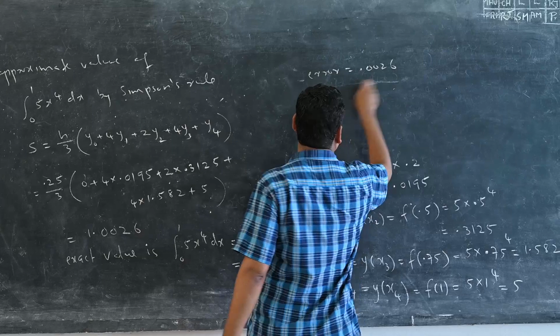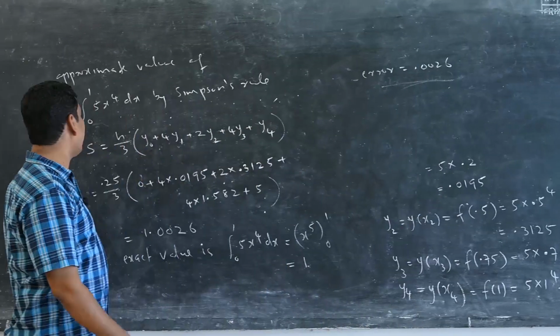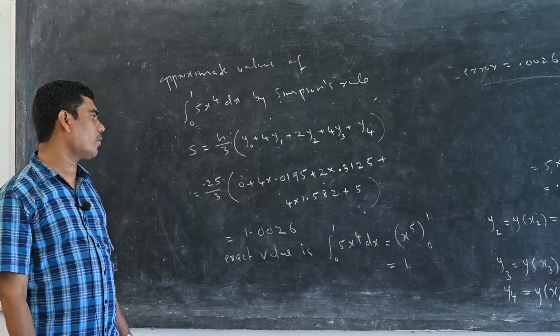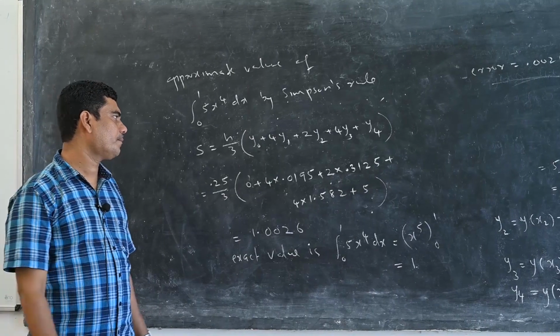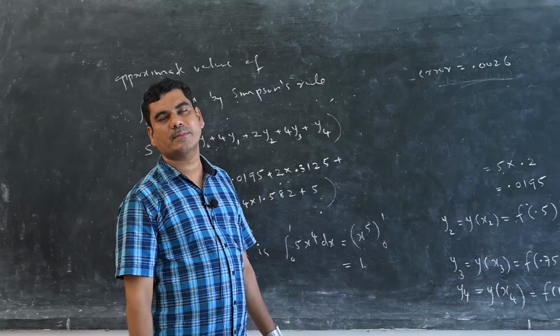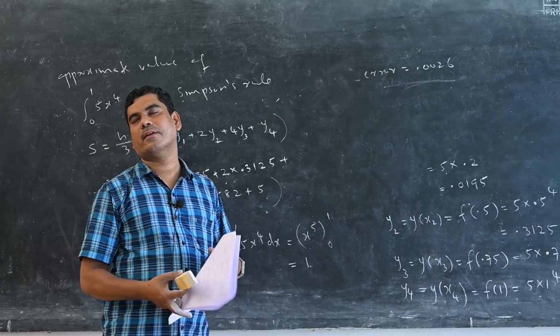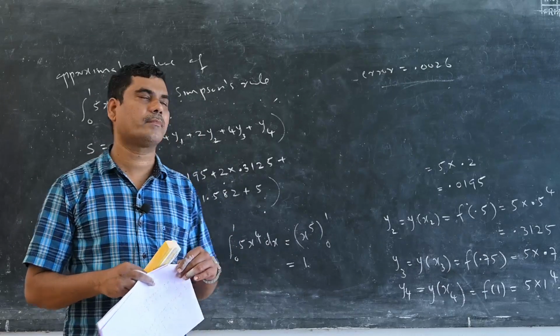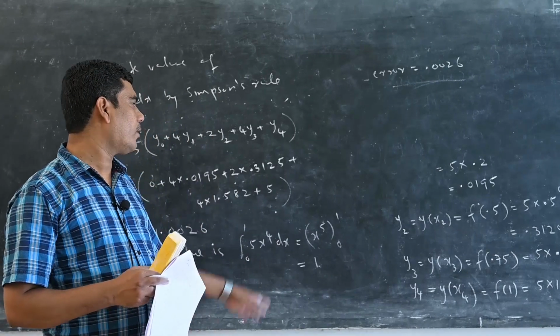Error is the approximate value minus the exact value, which is 0.0026. This is the error. In Simpson's method, we have to use n as an even number. Here n is equal to 4.